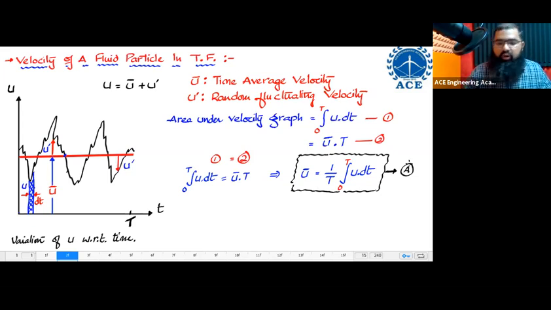Now, next thing, I want to look at the value of random fluctuating velocity. The problem with random fluctuating velocity is the name itself is suggesting it is fluctuating in nature.